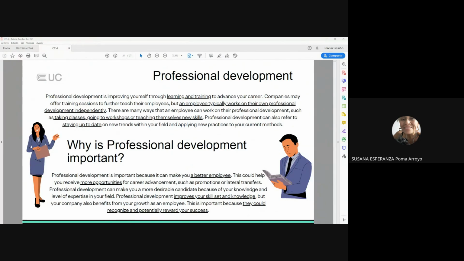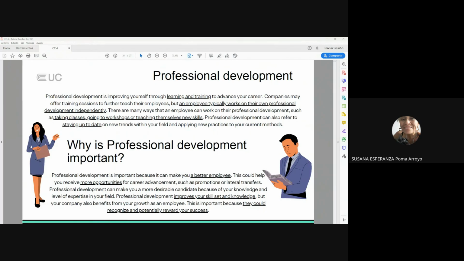Why is professional development important? Professional development is important because it can make you a better employee. This could help you receive more opportunities for career advancement, such as promotions and lateral transfers. Professional development can make you a more desirable candidate because of your knowledge and level of expertise in your field.